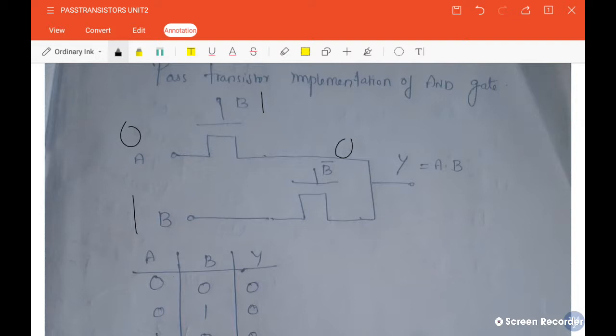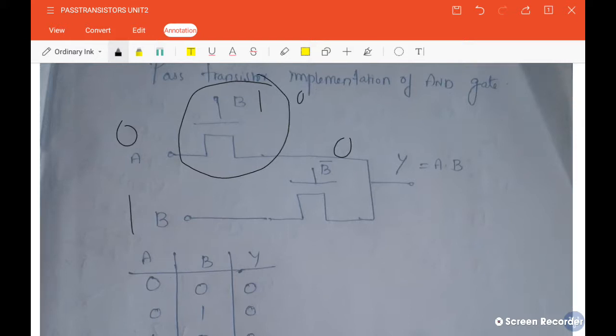Out of the two NMOSs, the gate high is for the first NMOS, so the first NMOS is on. But the second NMOS is off, because its gate is now 0. For a 0 input, the NMOS will be turned off.